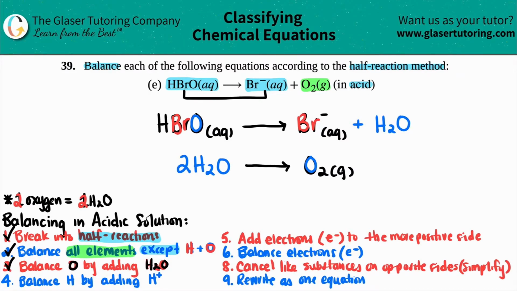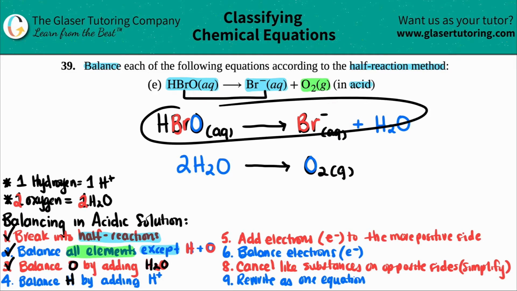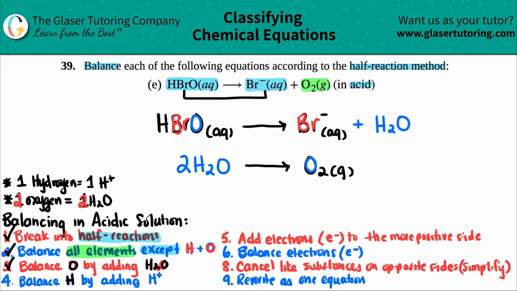Now I need to balance the hydrogens by adding H+. Rule of thumb: if you need to add 1 hydrogen, you need to add 1 H+. Don't forget that positive, okay, guys? So let's see, on this equation, I have 1 hydrogen on my left side, and I have a hydrogen here.